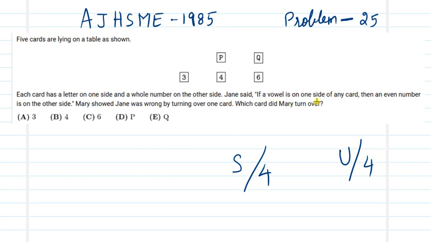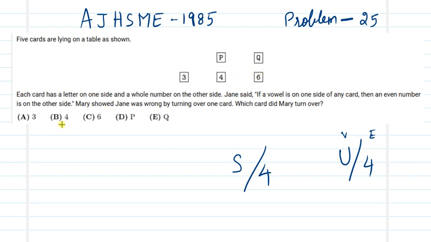If a vowel is on one side of any card, then an even number is on the other side. So we have a vowel here and an even number over here. This exactly satisfies the given condition. So we can see that the number 4 is not the card that violates the rule, and number 6 also, for the same reason, cannot be a card which violates the rule.